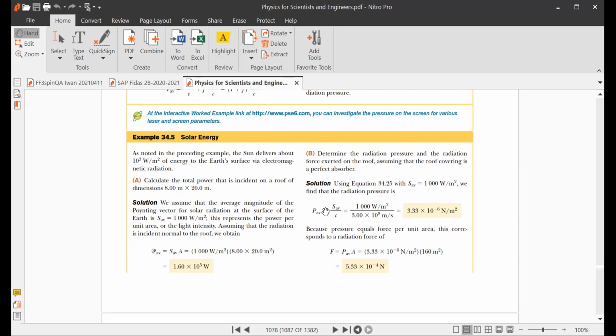We get the average radiation pressure is S average over C. So the pressure should be 1,000 over 3 times 10 to the 8. So we get 3.333 times 10 to the minus 6 N per meter squared.